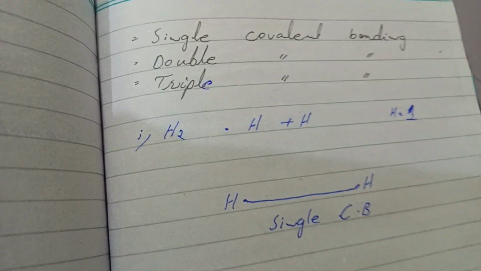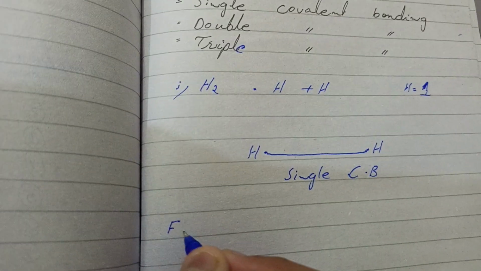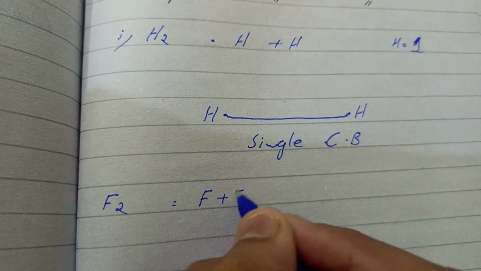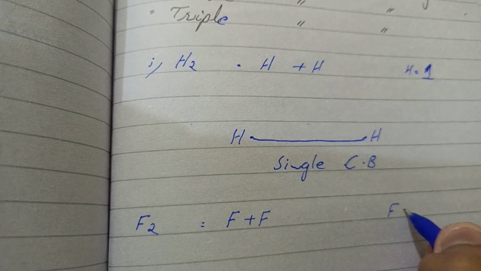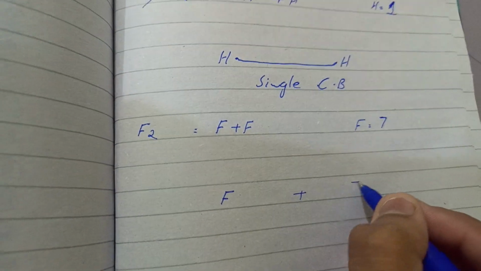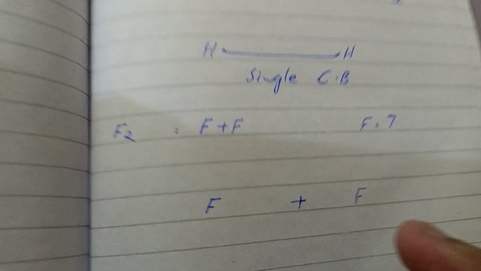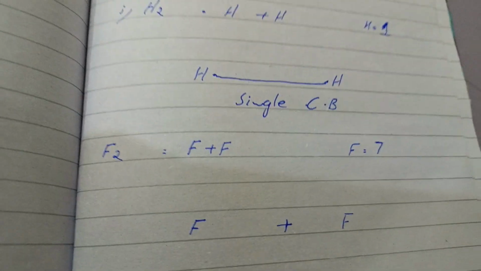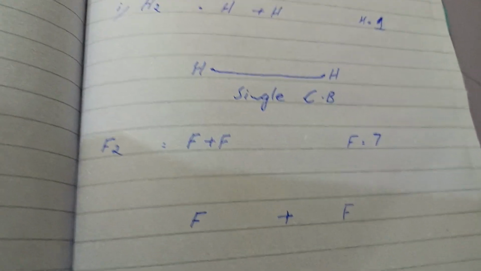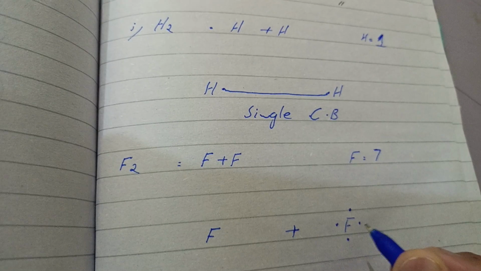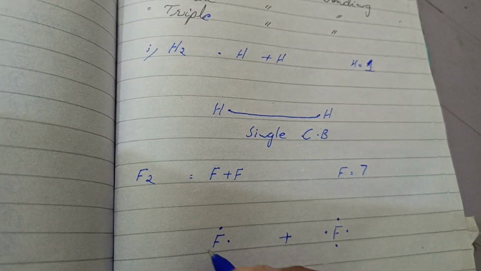Let's take another example, F2. For F2 you have to make F plus F, and F has 7 electrons in its valence shell. We put an F here and an F here. Remember, whenever you write the elements, you have to divide the electrons one by one to each side, like 1 2 3 4, 1 2 3 4.